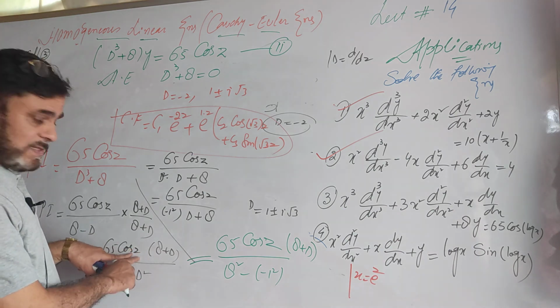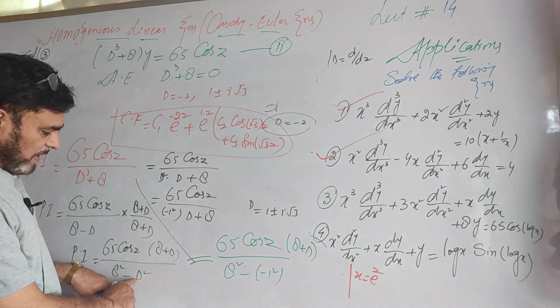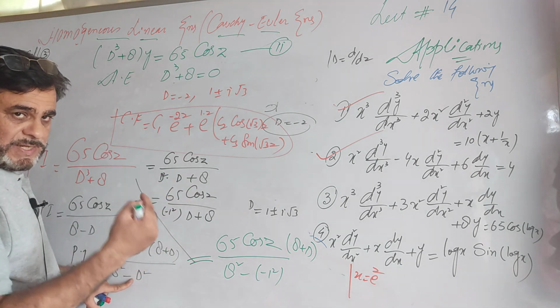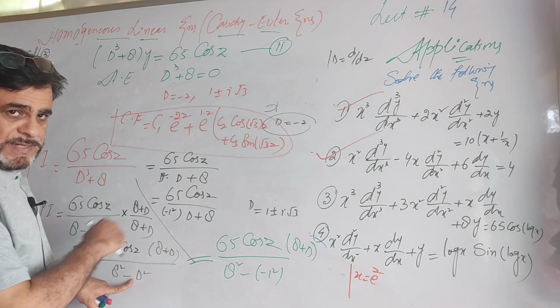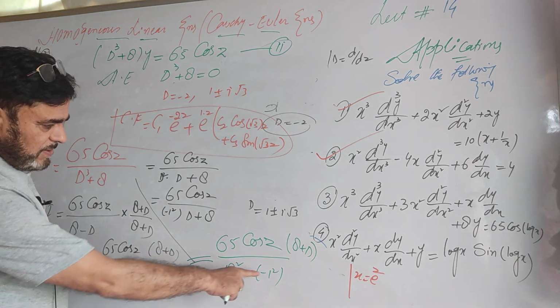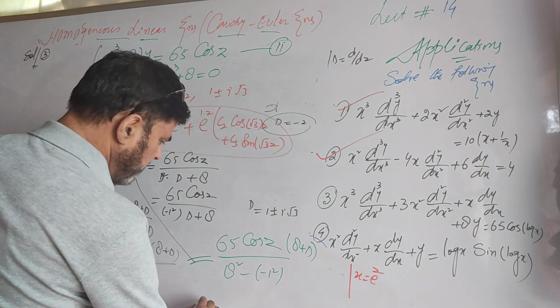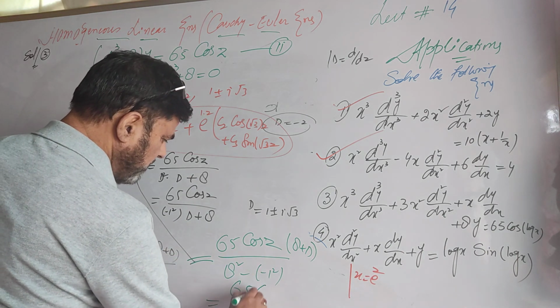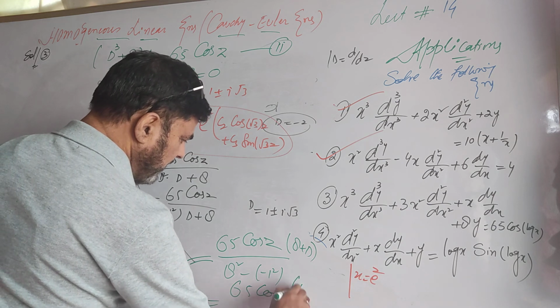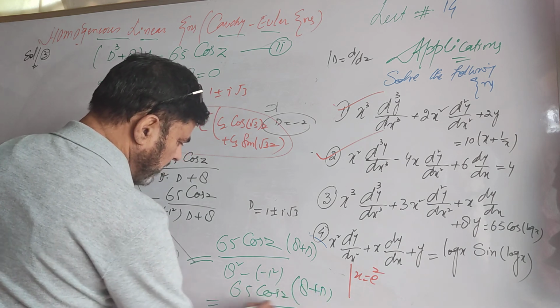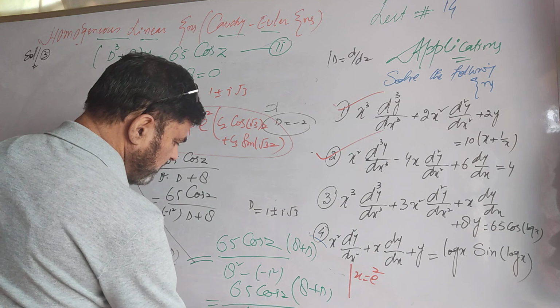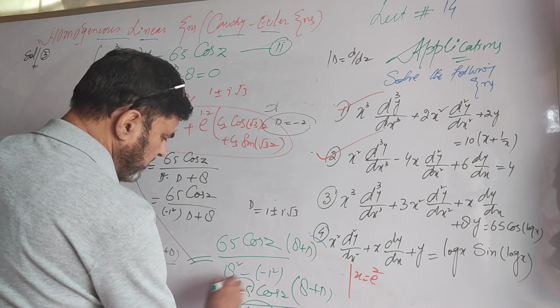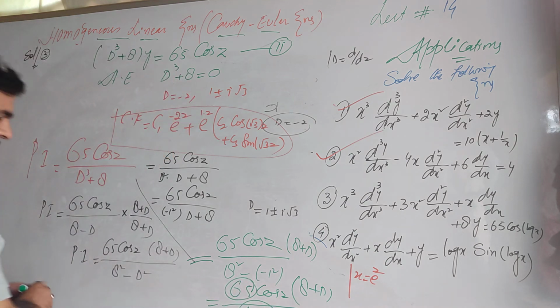For cos 1z, D square is replaced by minus 1, not minus 1 whole square. So this comes out to be 65 cos z into 8 plus D by 64 plus 1.